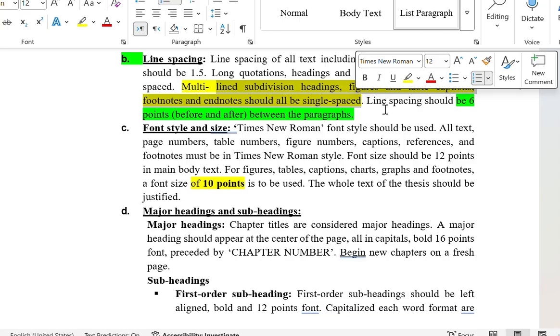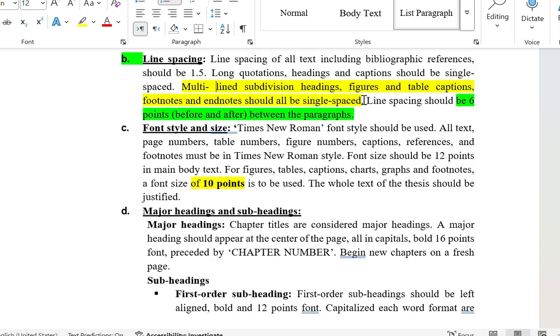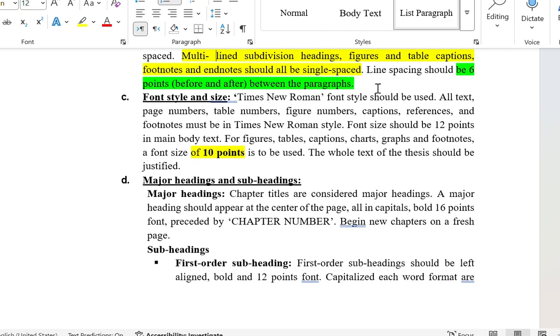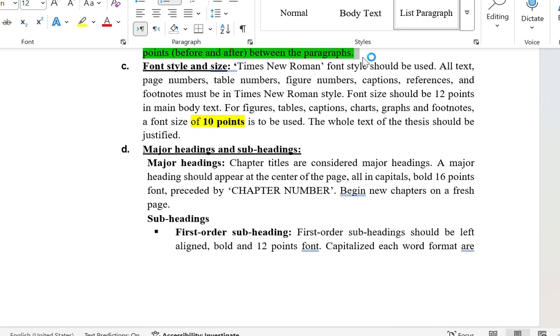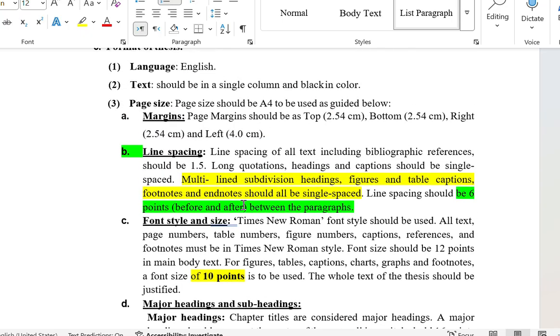So before and after every table or figure, anything extra to the text, you should keep the line spacing 1. And the before and after spacing between paragraphs is 6 point, okay? You can see this line spacing and stuff at the very end, when you are done with the thesis.